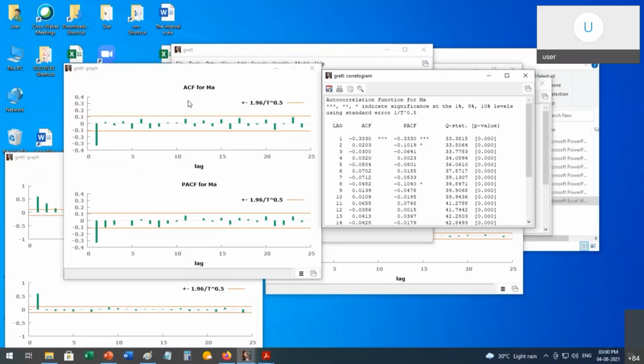For an AR process, with ACF fast decaying, the number of significant spikes in the PACF will tell us the order of the AR process. The opposite is the case for an MA process. For the MA process, the PACF is fast decaying, and the number of significant spikes in the ACF will give us the order of MA.